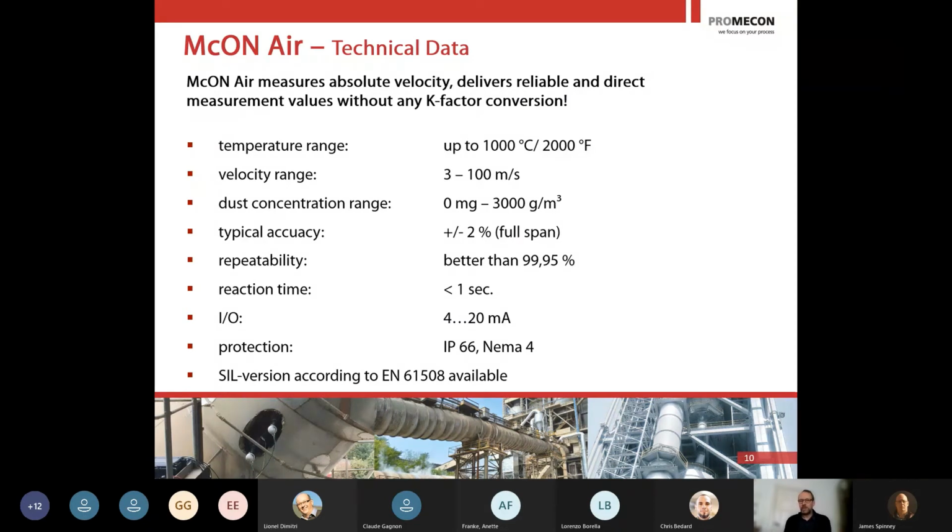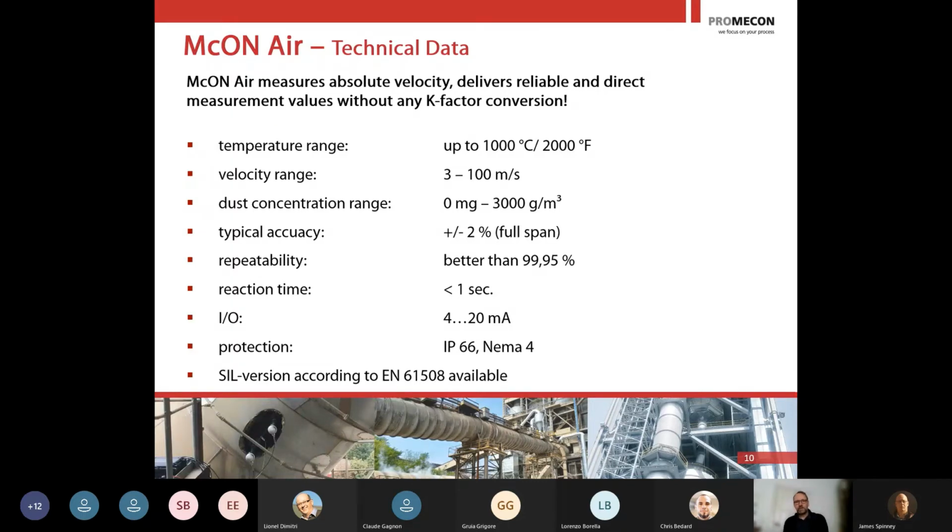And on the upper end, you can measure very highly loaded gas flows with dust, for example after the roller mills.